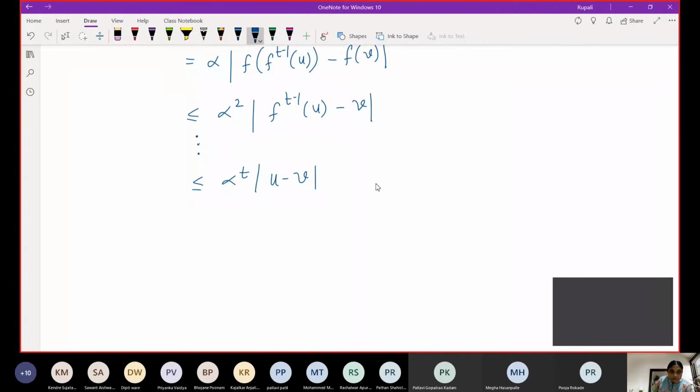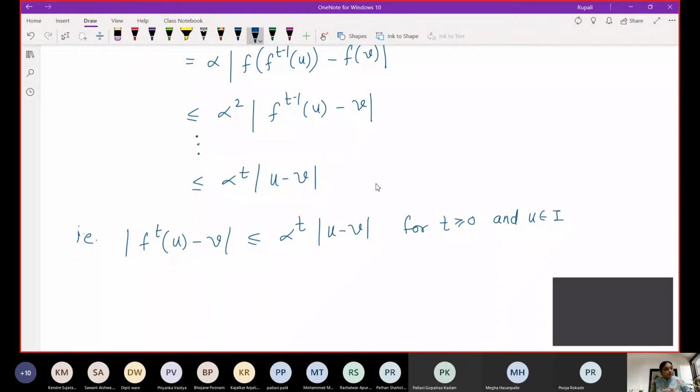Last I will get fu minus fv. So alpha will be outside, that is mod of f raised to t u minus v is less than or equal to alpha raised to t times mod of u minus v for t greater than or equal to 0 and u belongs to I.